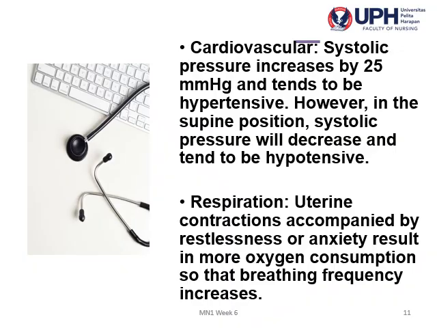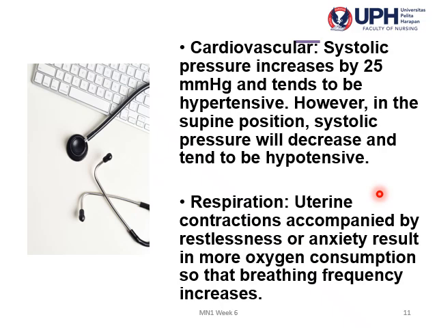Now we are coming to the cardiovascular adaptations of the mother. So in the cardiovascular, we will see that the pressure will increase by 25 mmHg, and it tends to be hypertensive. But then when the mother is lying in the supine position, we will see that the systolic pressure will decrease. And in respiratory, we can see that the uterine contractions can be accompanied by restlessness or sometimes anxiety as well.